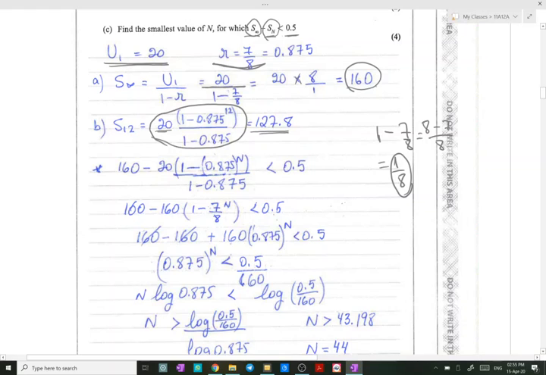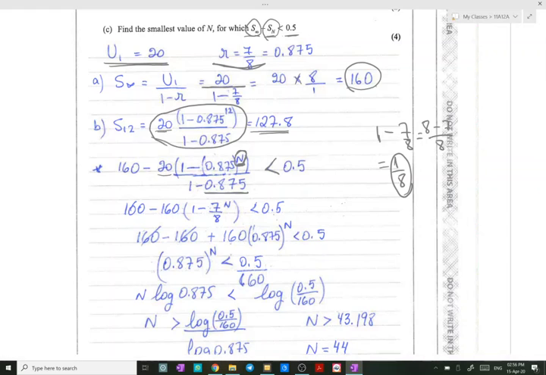We need to prove that. So we don't have n. The value of n is missing, so we have to replace Sn, or we have to find the formula for Sn, which is equal to first term times 1 minus R to the n, which is the unknown, over 1 minus R, and it's less than 0.5 as it's given in the question.